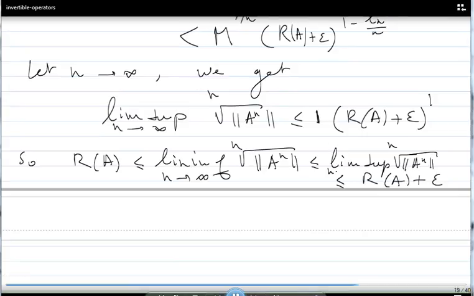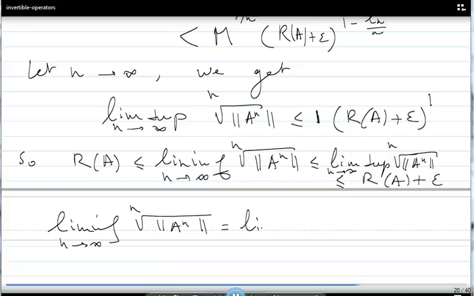So you see, since epsilon was arbitrary, we get that lim inf when n goes to infinity of the nth root of the norm of a to the power n equals lim sup of the nth root of the norm of a to the power n, equal to r of a.